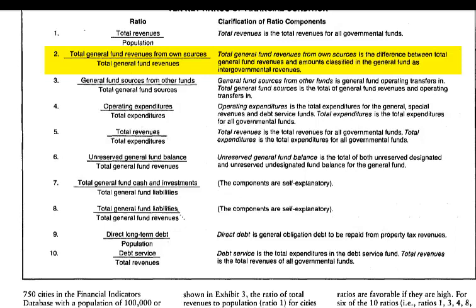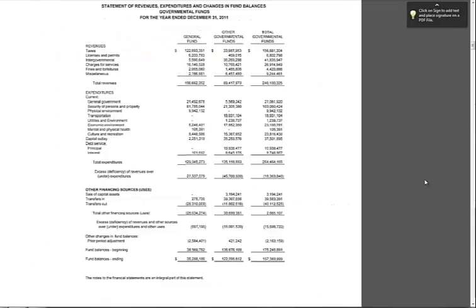So first note that total general fund revenues from own sources is the difference between total general fund revenues minus those intergovernmental revenues. So here we are back at the general fund financial statements, governmental funds financial statements for Spokane, Washington.